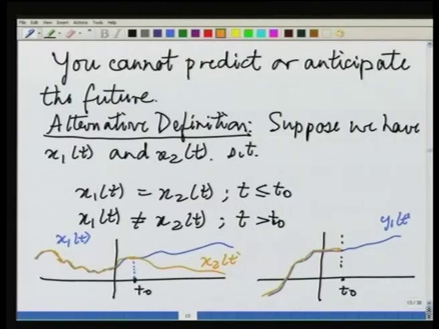What happens after that is probably different. So, you could get this for y2(t). So, y2(t) and y1(t) have to match up to t naught if x1(t) and x2(t) also match up to t naught.